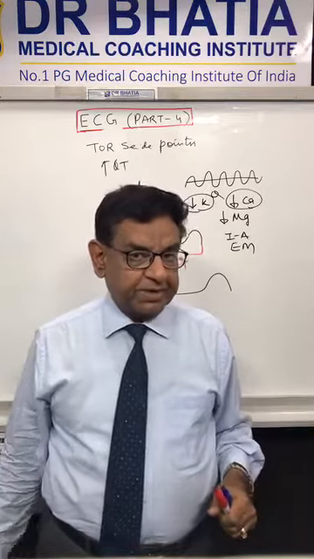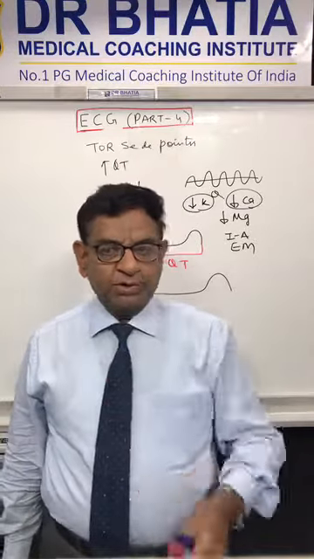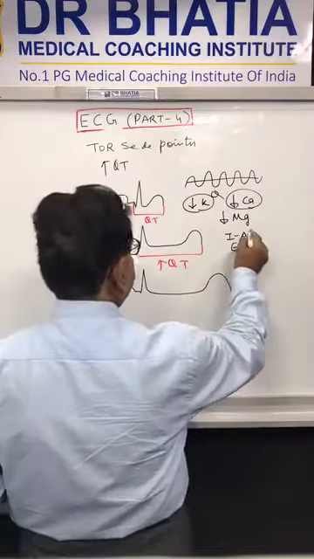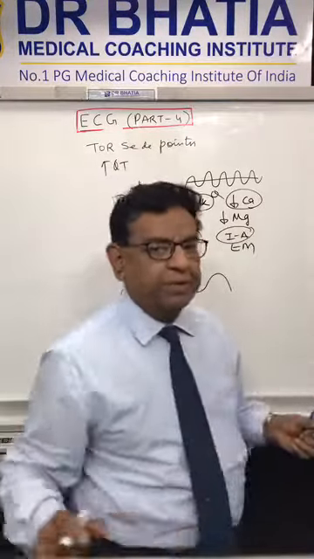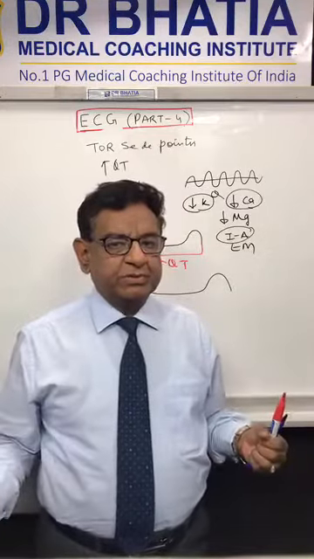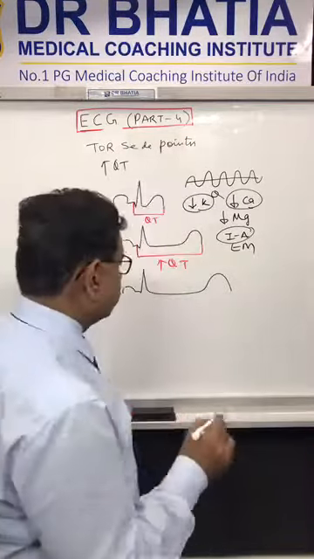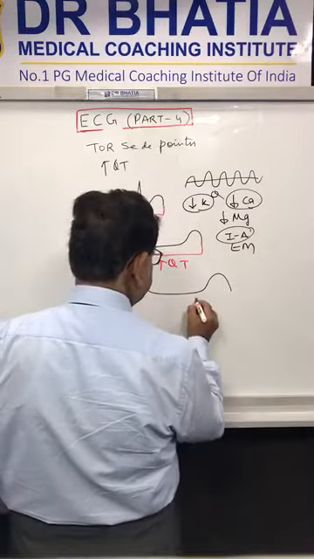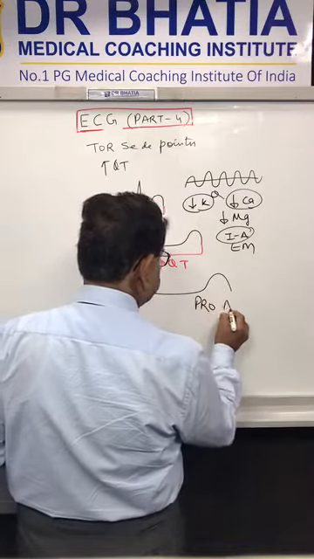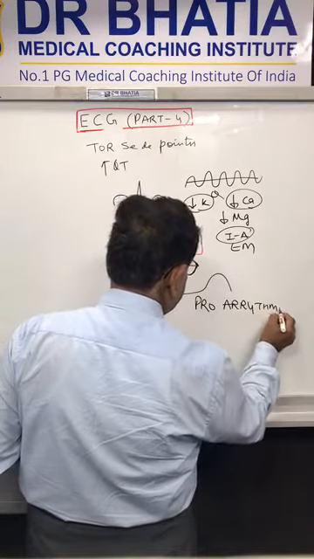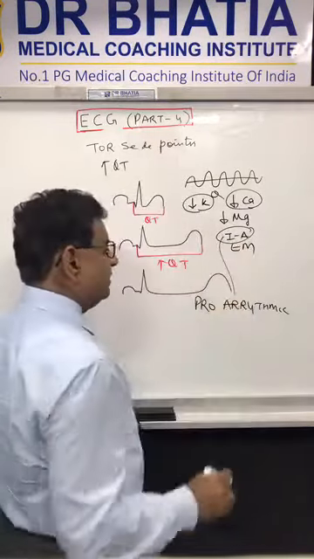Now one more thing which is not known to most of you: class 1A drugs, since they lead to prolonged QT interval, which can induce arrhythmias, are also known as pro-arrhythmic drugs. Why pro-arrhythmic?